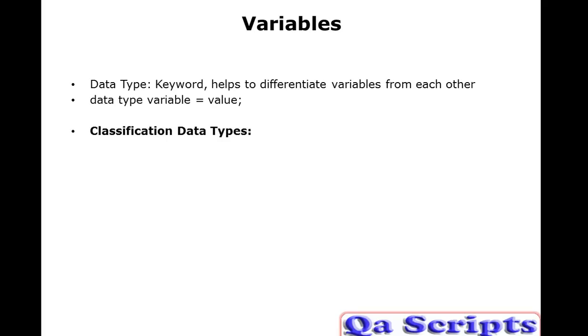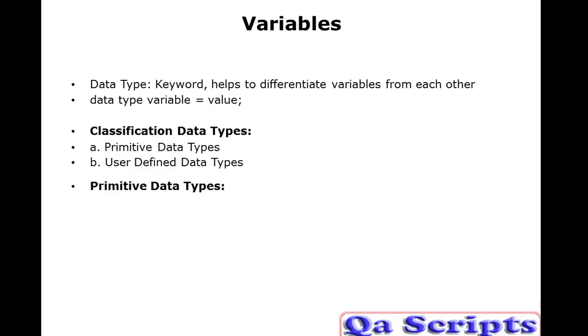Let us look at what different data types we have in Java. We have two classifications of data types. One is primitive data type, another one is user defined data type. In this video I'll be explaining primitive data types only. In the next video I will explain user defined data types.